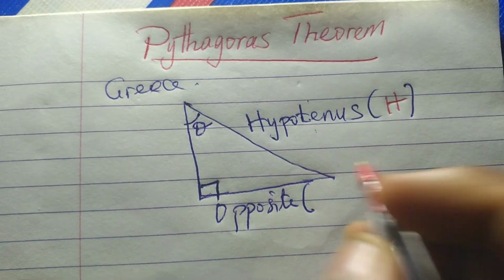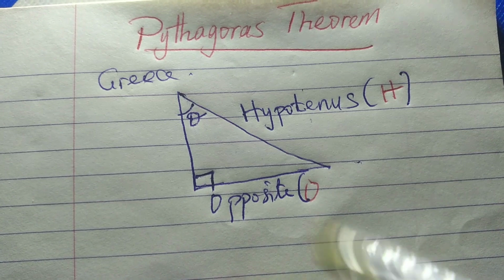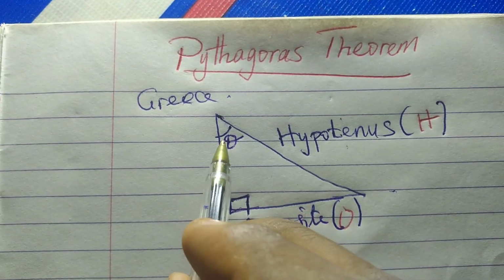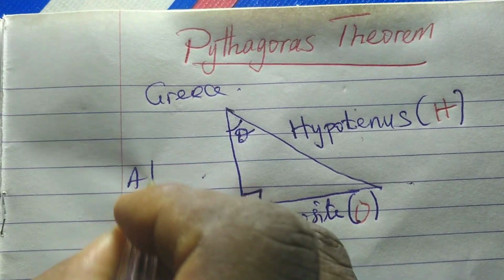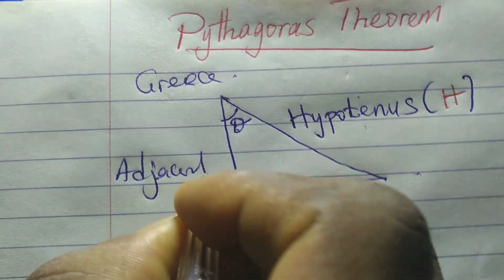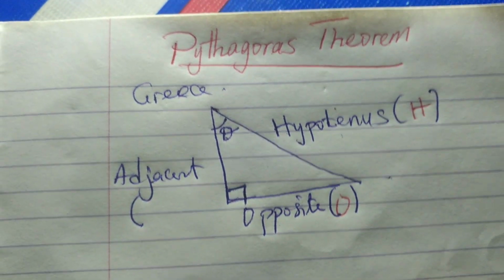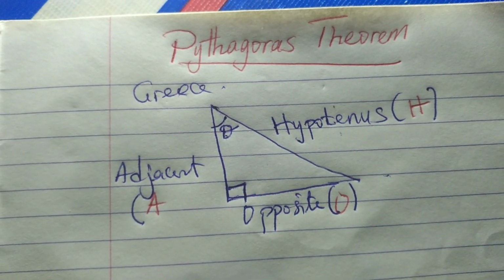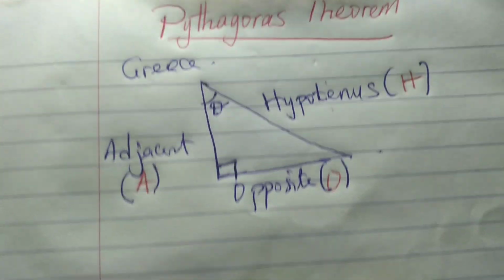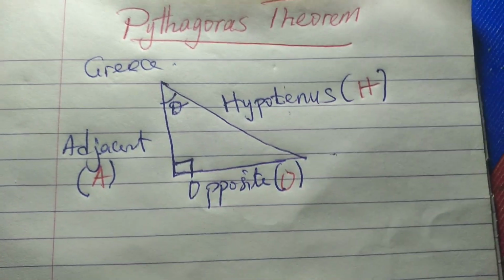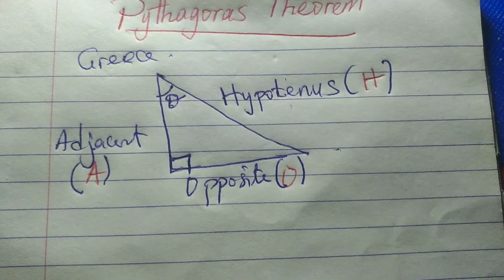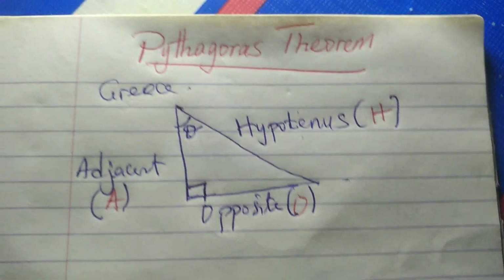I represent it with O. And now the other side, which is adjacent to the angle, is known as the adjacent. I can replace it with capital A. So this is the representation of the Pythagoras theorem.